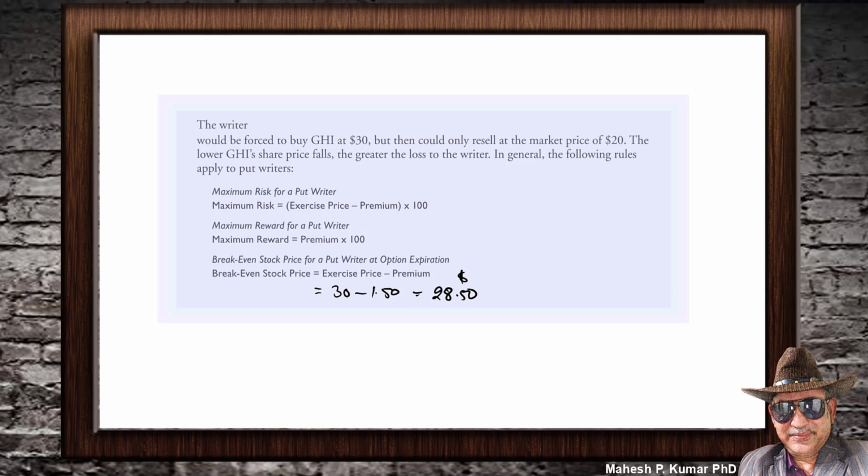The first question that comes to your mind is, what is my break-even point as a put option writer? So the break-even point for you would be exercise price minus the premium. Here in this situation, the exercise price is $30, right? If you deduct the option premium that you have received, then your break-even point is $28.50.